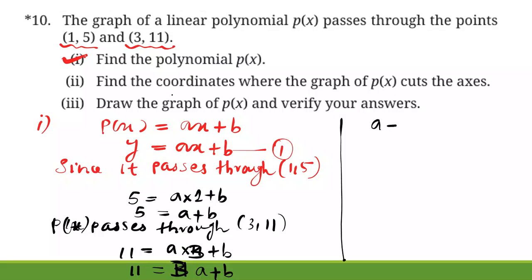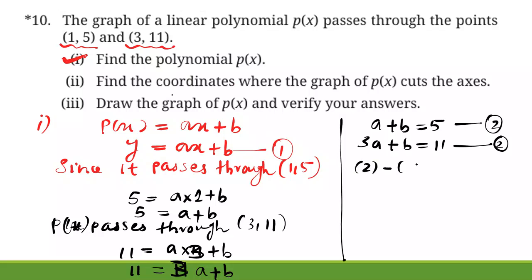So we have a plus b is equal to 5. You can take it as equation 1, and the next one is 3a plus b is equal to 11, which is equation 2. Now we can do either the substitution method or the elimination method. If I am doing the elimination method, I am doing equation 2 minus equation 1, because the coefficient of b is 1 in both.